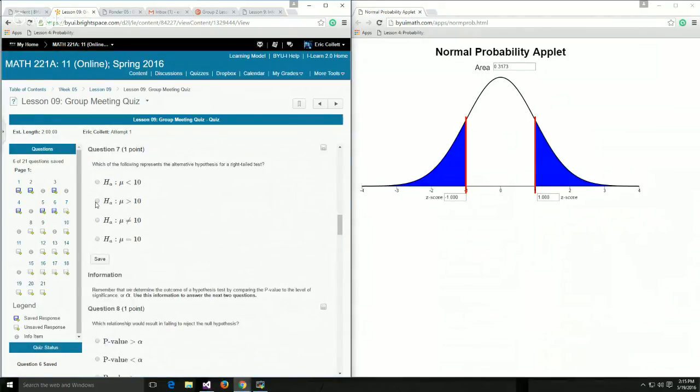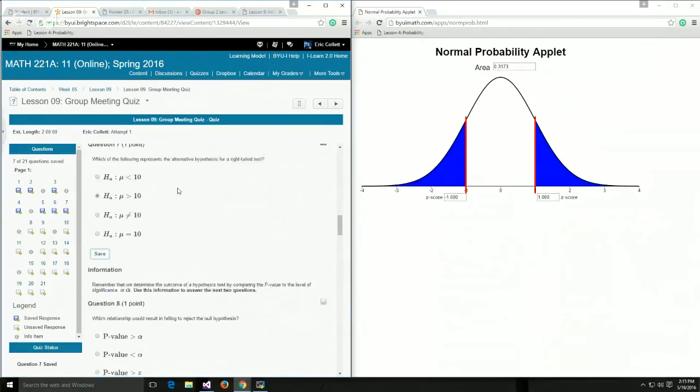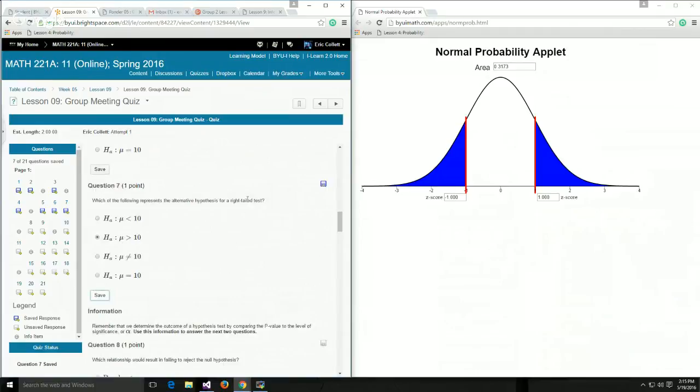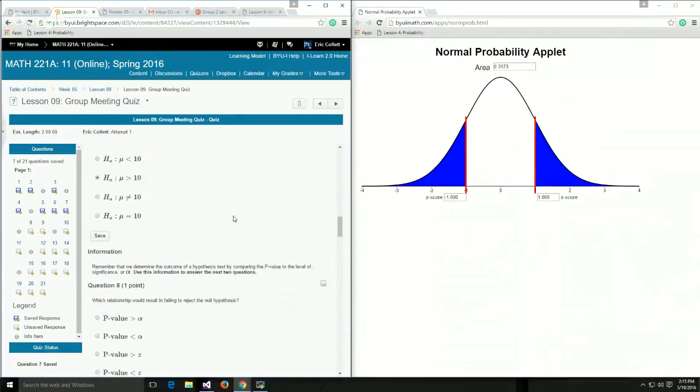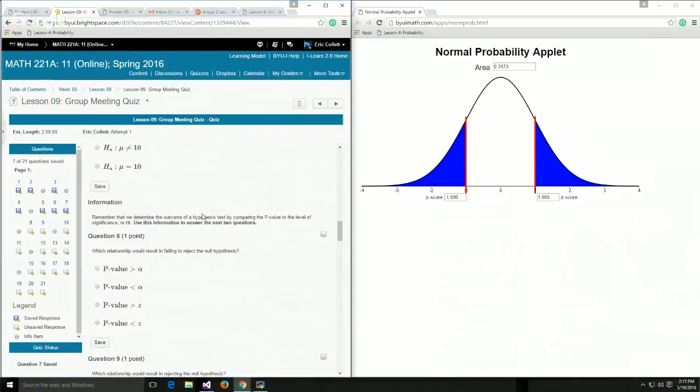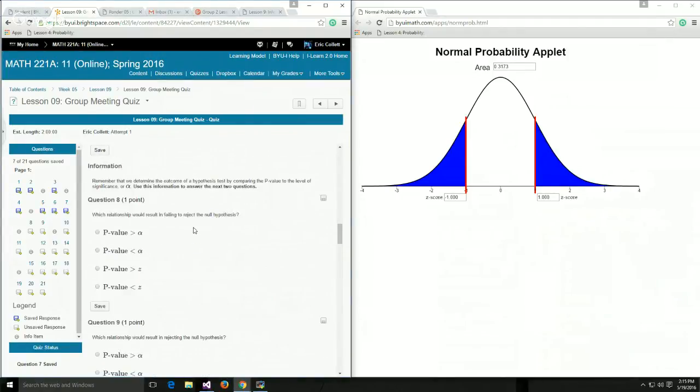And then it does the right-tailed, which is the other one. Yeah. I always think of it as Pac-Man. So if it's eating it, yeah.